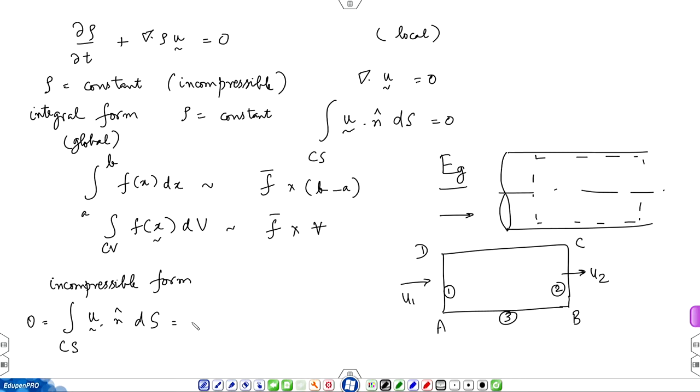So, this can be evaluated. Now, C s is in 3 parts. It is 1 plus 2 plus 3, 3 parts to the control volume. 3 is that surface of the tube. Suppose you do not pick 3 as the surface of the tube, it will have its own consequences. We are not forced to pick 3 as the inner surface of the tube, but you will see that it has an advantage.